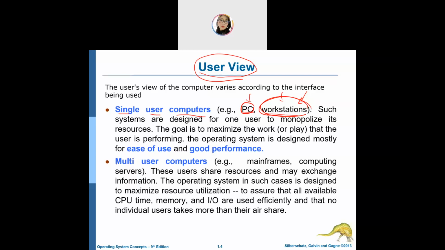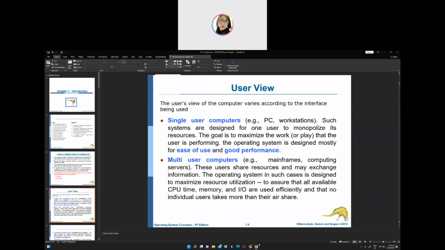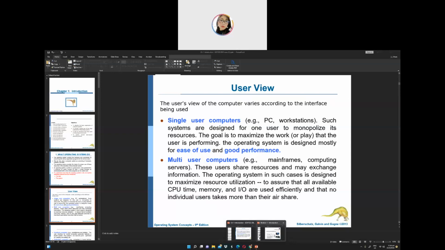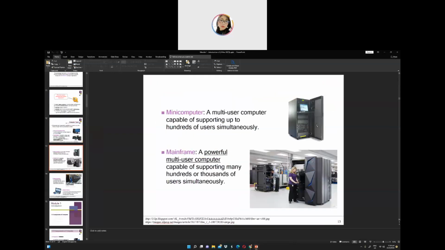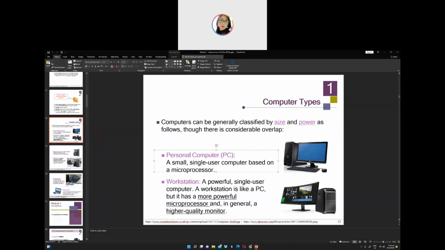Another thing is the multi-user computer. This one, mainframe, computer server. If you look back into your COA, you can see everything already been studied. You can see minicomputer, mainframe, and also the PC and workstation. It is basically quite similar. This is your PC.